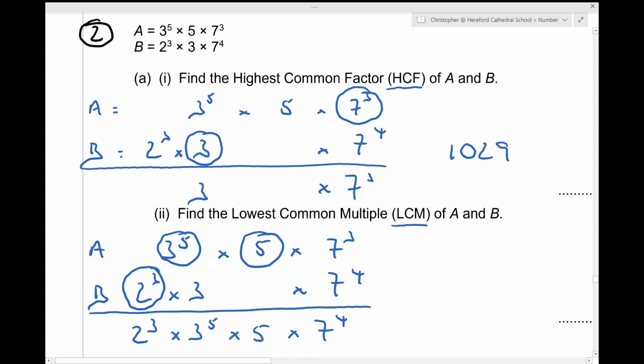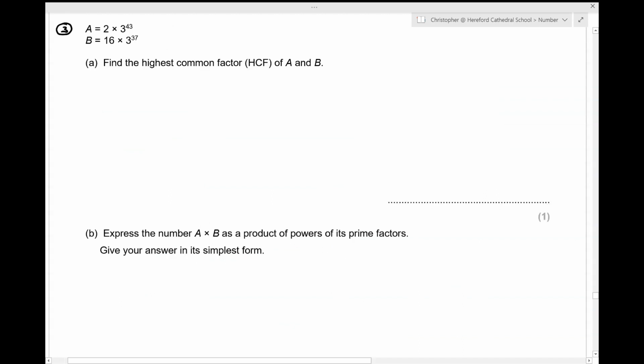And so that is my lowest common multiple of a and b. And if you put that in your calculator, you get 23,337,720.